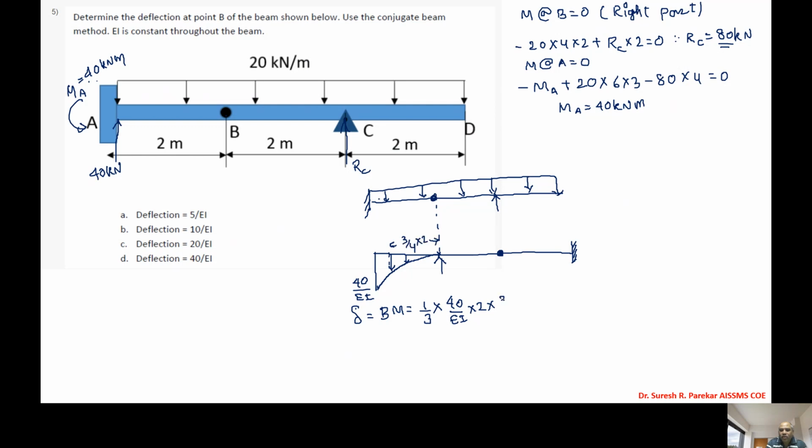From this the 3 gets cancelled, the 2 twos are 4, and we get 40 upon EI, that will be the displacement at B, and 40 upon EI is option D.